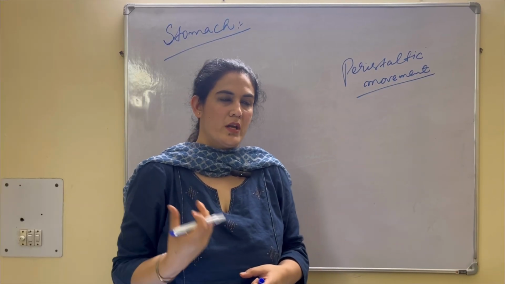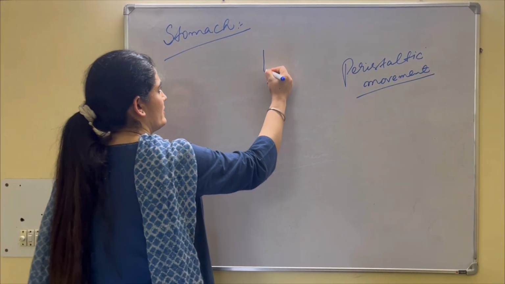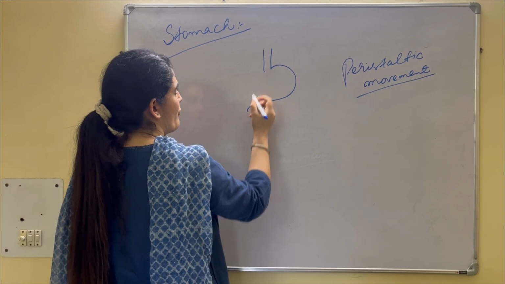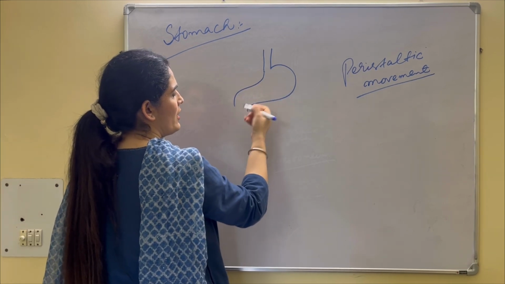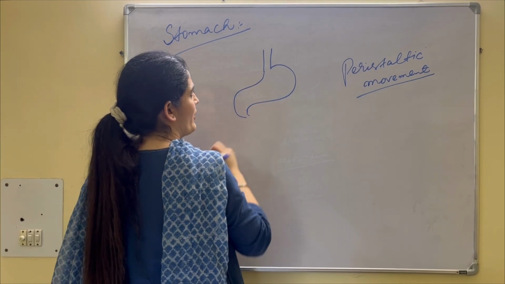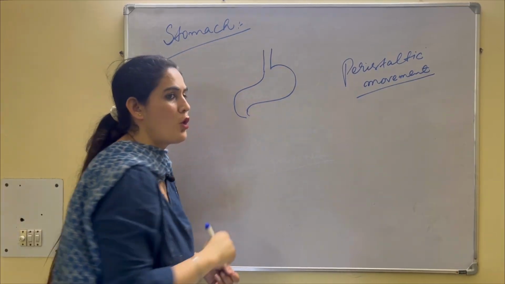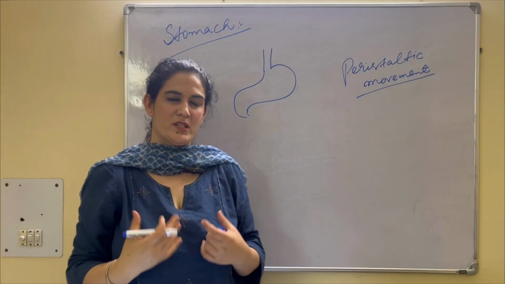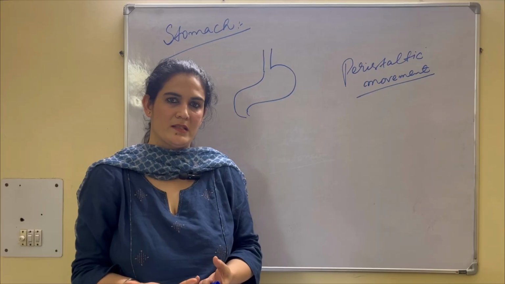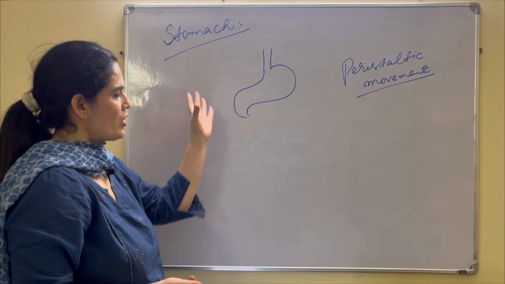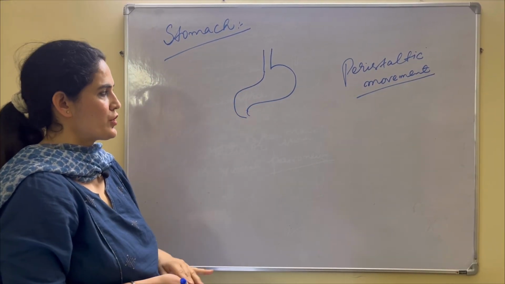If we talk about the structure of stomach, it's a J-shaped organ. It's basically a muscular bag, made up of muscles.